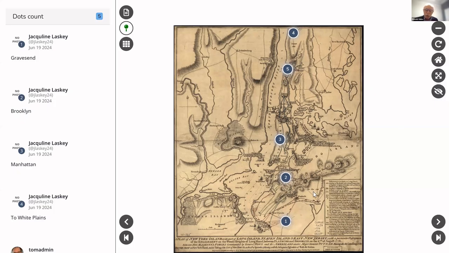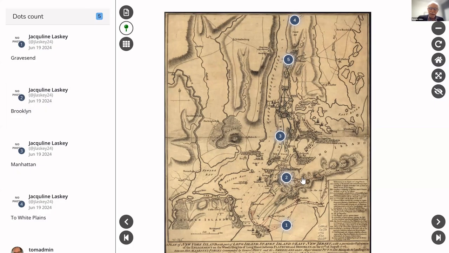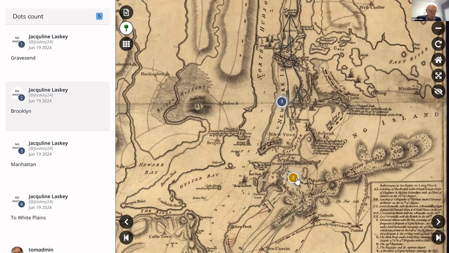At dot number 2, there was a large American force of about 10,000 men defending Brooklyn. The British handily defeated the Americans and came within a whisper of capturing all 10,000. But the British delayed and allowed the American army to retreat to Manhattan Island across the East River at dot number 3.